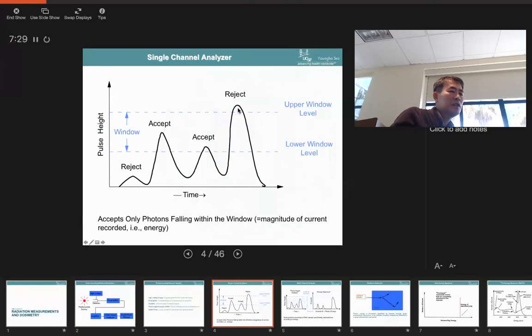But if it's higher than that window, or lower than the lower energy window level, then it will be rejected. So we are counting the pulses. Again, we are not really getting all these analog type of pulses. We are actually counting pulses. This is one pulse, the other pulse, right? But we only count the pulses within a certain range.